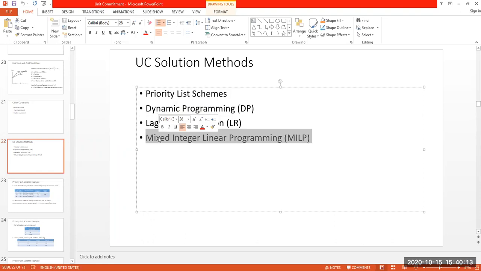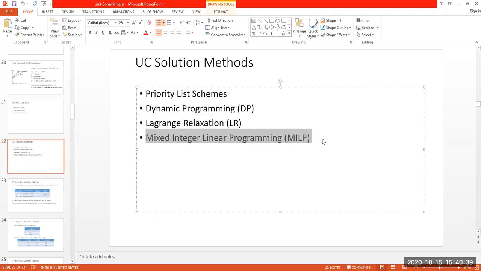What is mixed integer programming? Whenever you have some continuous variables as well as some integer decision variables, which will provide you the optimal solution, in those cases we call the programming problem mixed integer programming. So you can also take help of mixed integer linear programming, MILP techniques.